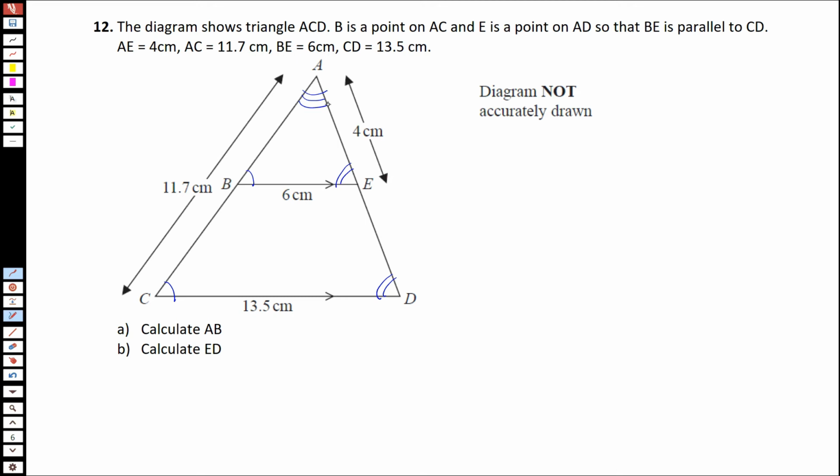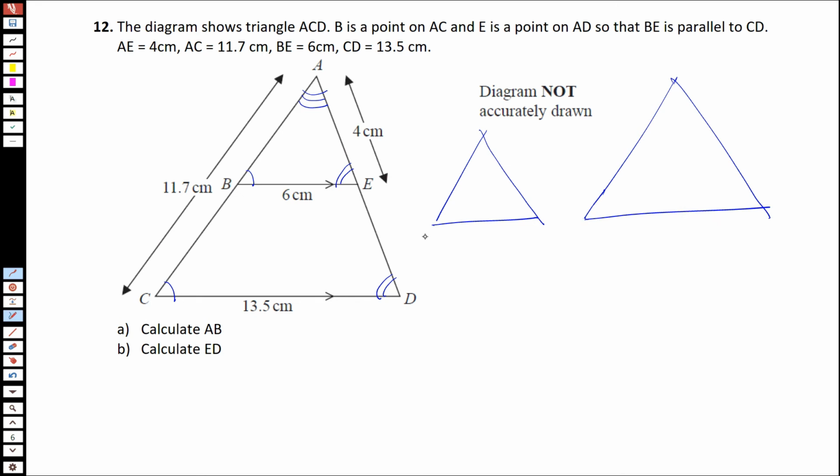So what I'm going to do is draw triangle ABE and ACD separately. This is what I mean. So here I'll have the smaller one, and here I'll have the bigger one.